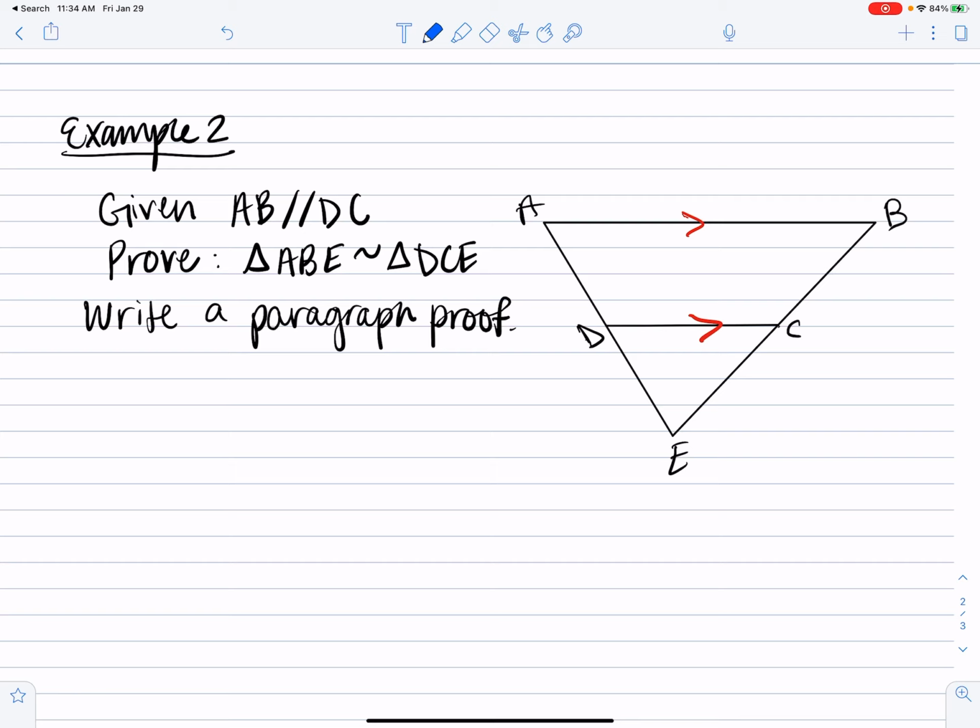So we're writing a paragraph proof. We're going to start with our given. AB is parallel to DC because it is given. Okay, now let's look at these two parallel lines.